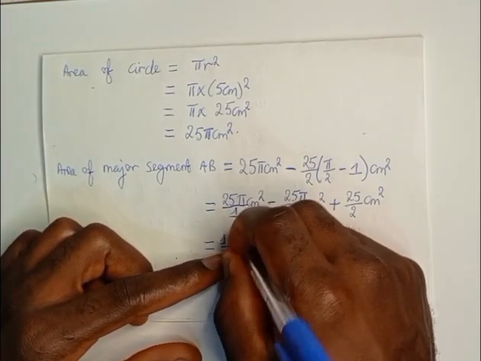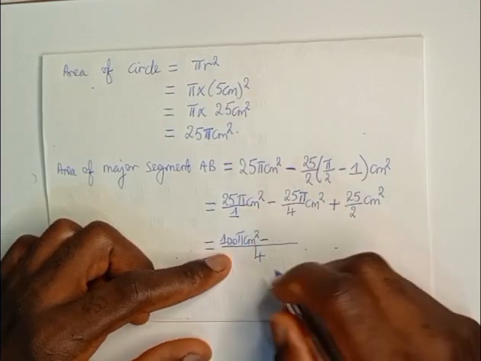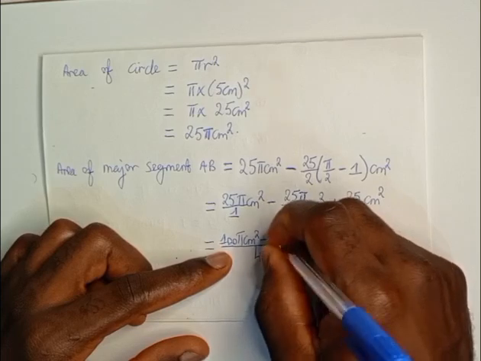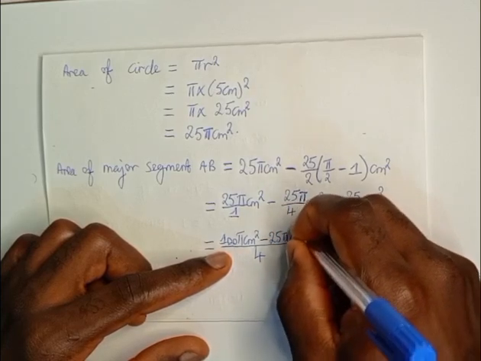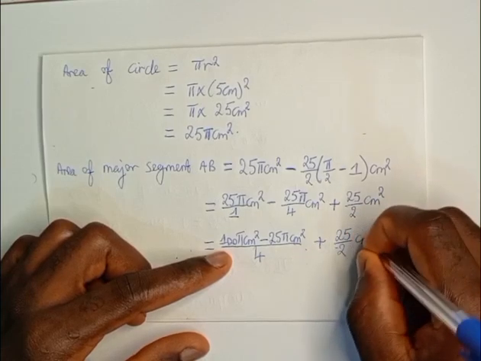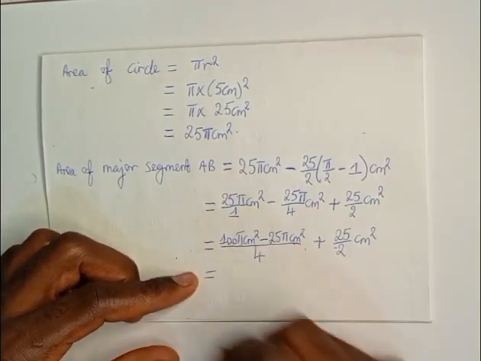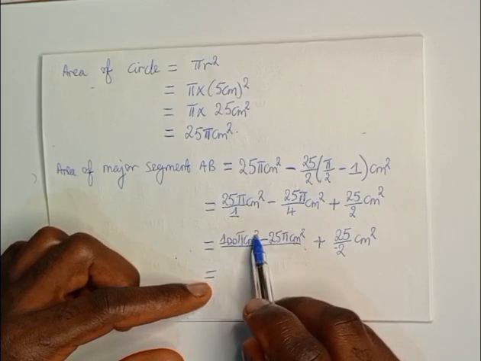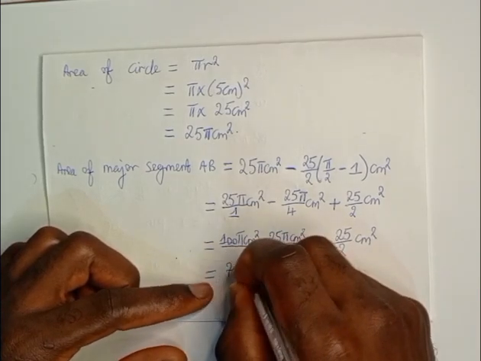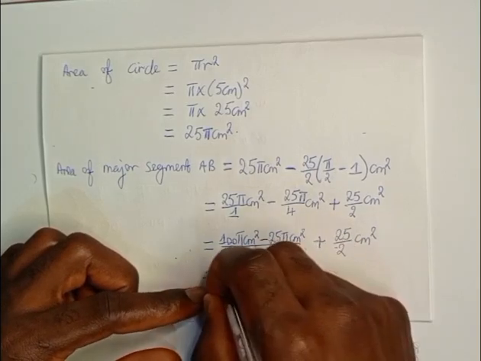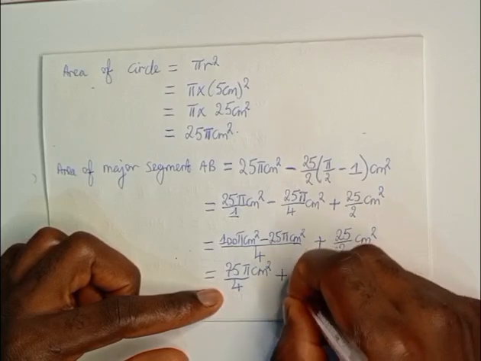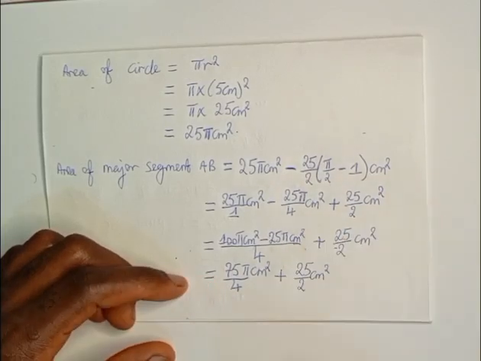Then we attach the pi centimeters squared minus 4 divided by 4 gives us 1 times 25 pi is 25 pi centimeters squared plus 25 all over 2 centimeters squared. This will be equal to 100 pi centimeters squared minus 25 pi centimeters squared gives us 75 pi centimeters squared on 4 plus 25 on 2 centimeters squared.